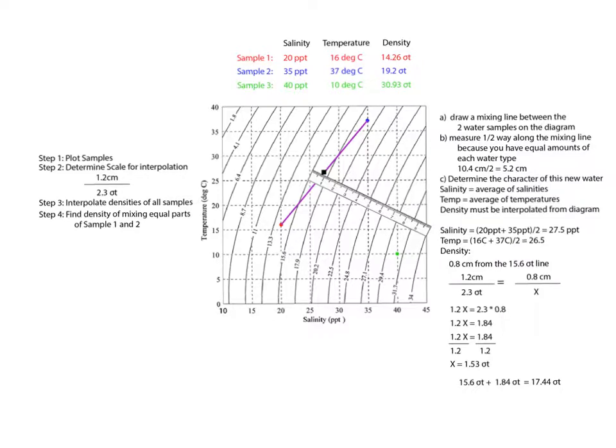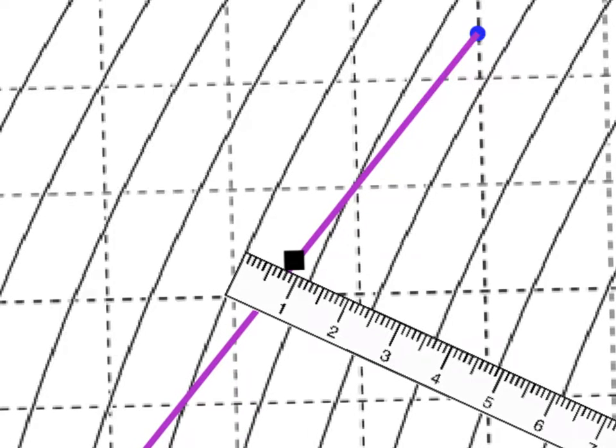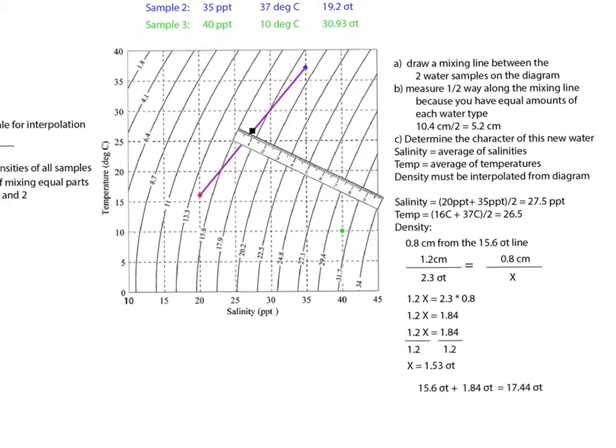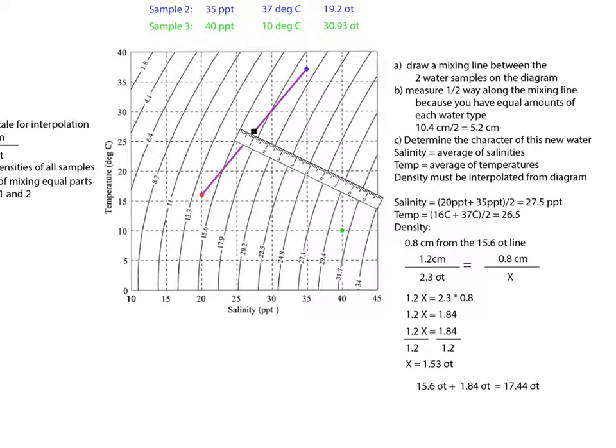So I took the average of salinity and temperature, and they're shown there on the right. And then with density, once again, I used my ruler. I measured how far it was away from this particular line of equal density, and from there I figured out that it was 0.8 centimeters away from the 15.6 sigma T line.